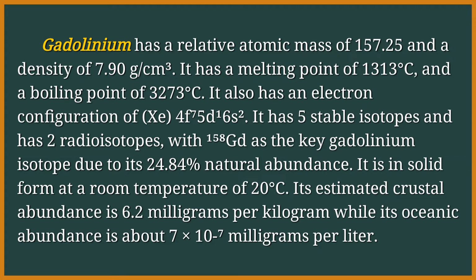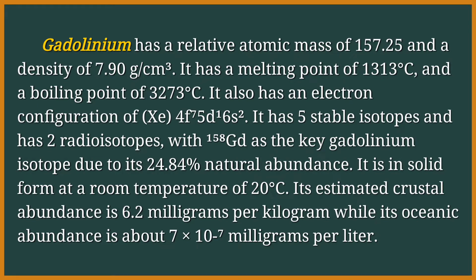It has a melting point of 1313 degrees Celsius and a boiling point of 3273 degrees Celsius. It also has an electron configuration of xenon 4f to the power of 7, 5d to the power of 1, and 6s to the power of 2.